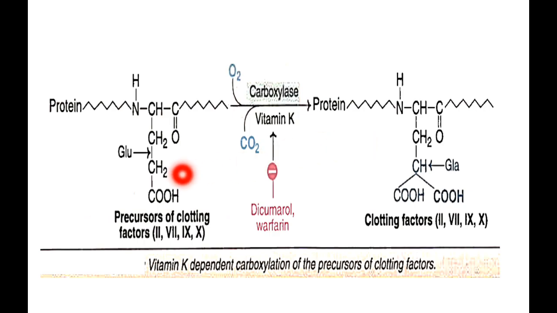This is the gamma carbon of glutamate, where an extra carboxyl group is added, which requires vitamin K, and carboxylase as an enzyme, which requires oxygen and carbon dioxide. This is a post translational modification. We will discuss this again in the next classes, that is post translational modifications, how they occur, and what the other post translational modifications are.